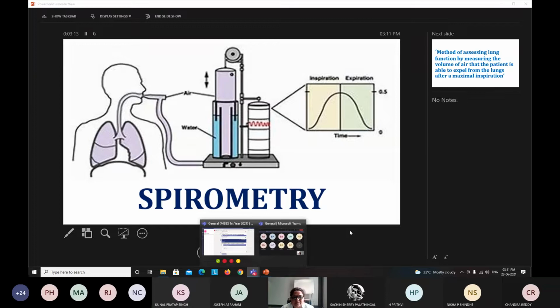So today one such experiment we are going through is spirometry. Before that we have to understand what spirometry is and what exactly you are going to measure.